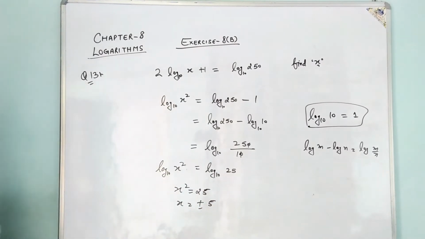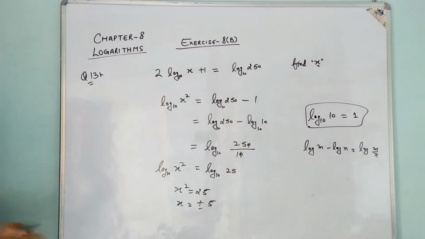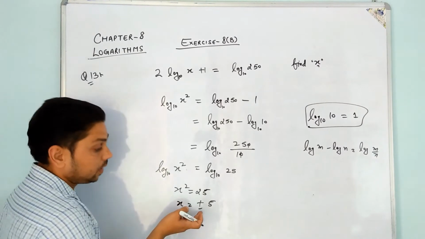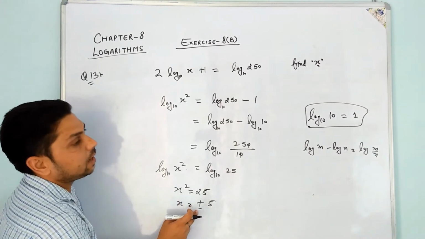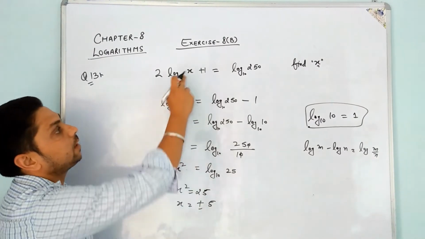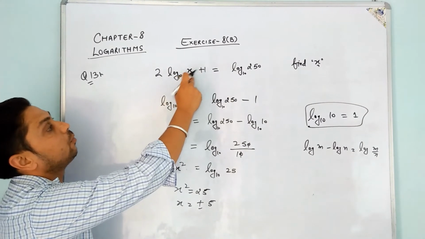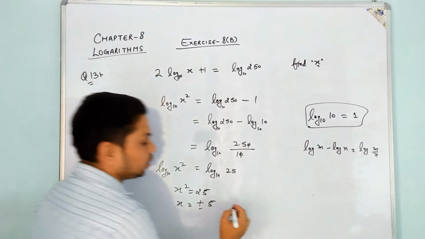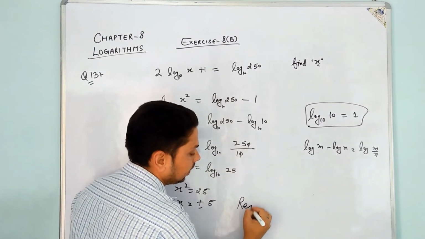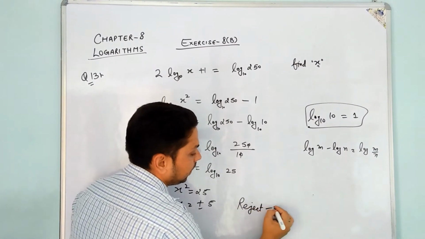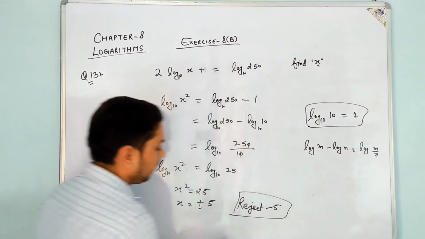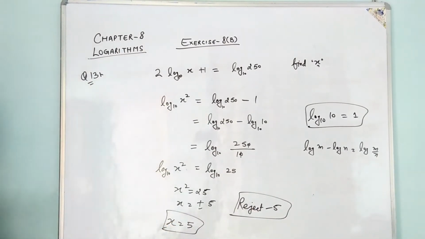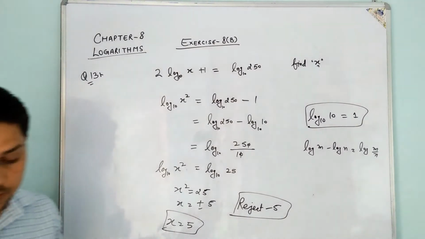We have plus and minus, but we remember that we reject the negative value here, because when I put minus 5 here, it will give you log of minus 4, which is not well defined. So reject minus 5. We have x is equal to 5 as an answer.